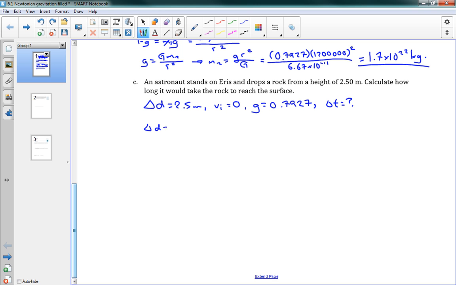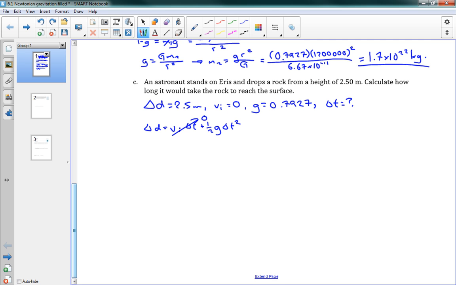We can use the same equation we had before. Vi delta t plus 1/2 g delta t squared. And we can rearrange to solve for delta t. Now remember again, vi delta t goes to 0 because vi is 0.